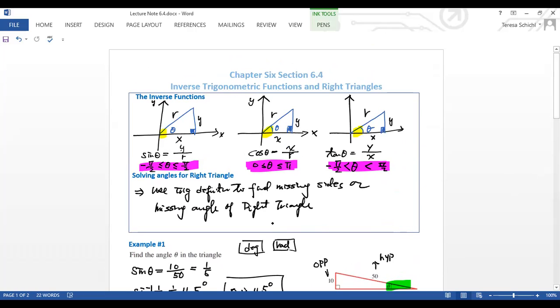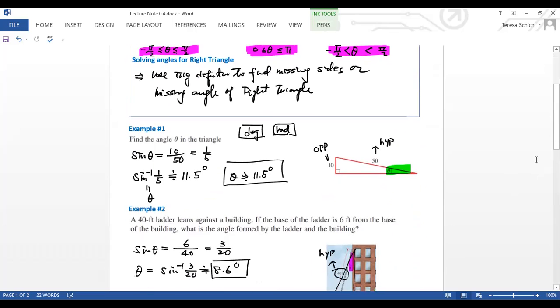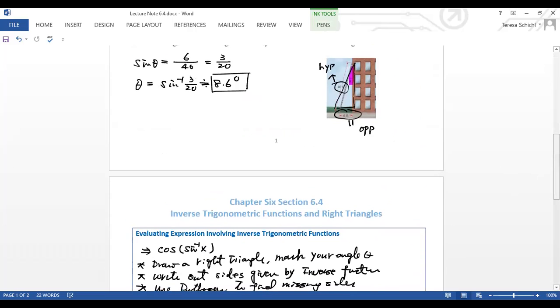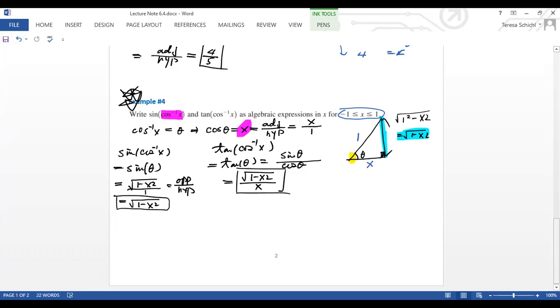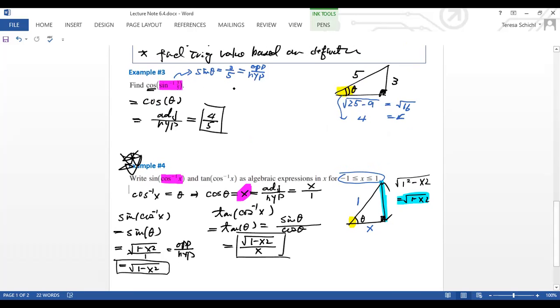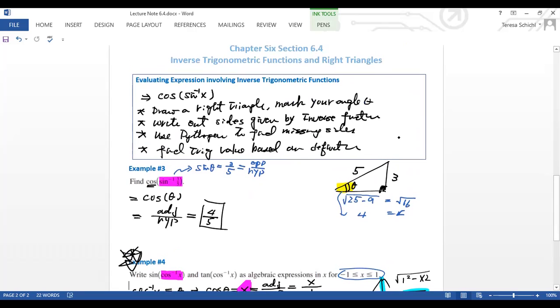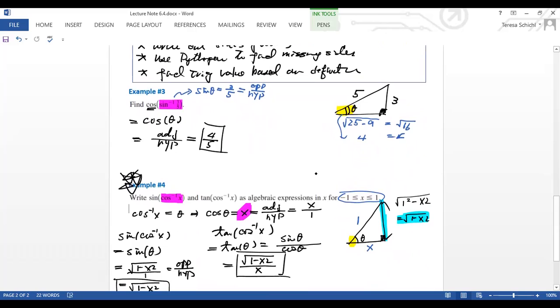Everything follows the same. The only thing here is how to use the inverse trig to find the missing side of the right triangles. That's the little procedure we can follow. It's a very simple section.